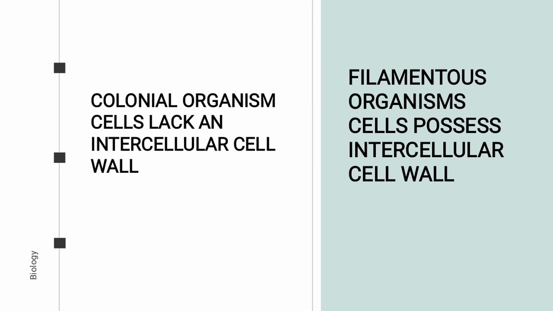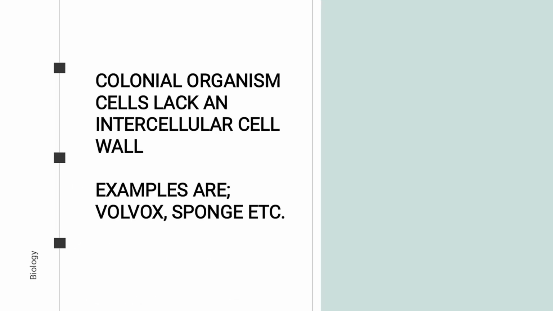But filamentous organisms possess intercellular cell wall because it is an aggregate of different filamentous organisms. So each of these filamentous organisms has its own cell, which helps the filamentous organisms to process intercellular cell wall. And lastly, colonial organism cells lack intercellular cell wall, examples being volvox and sponge, etc.